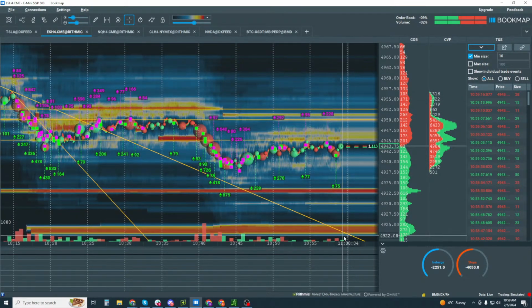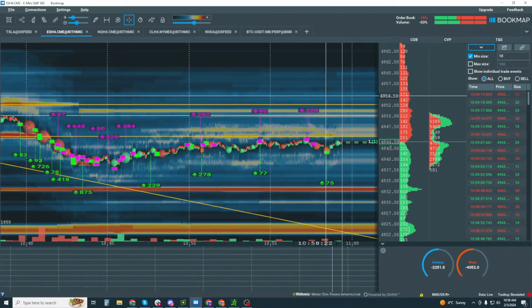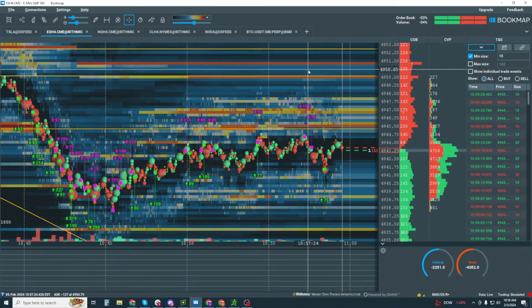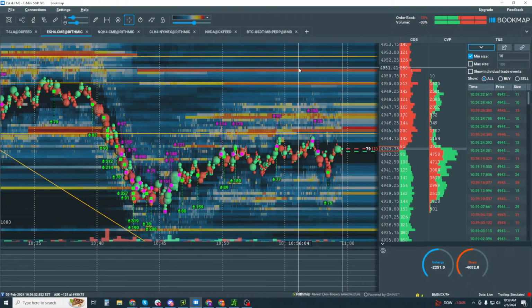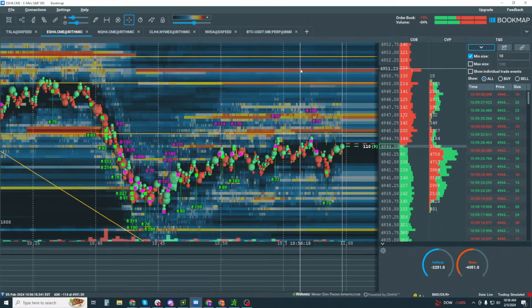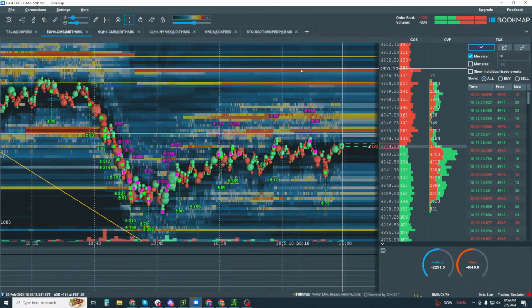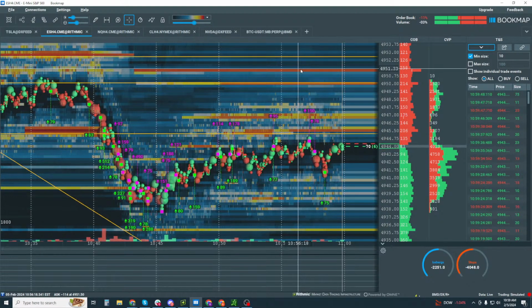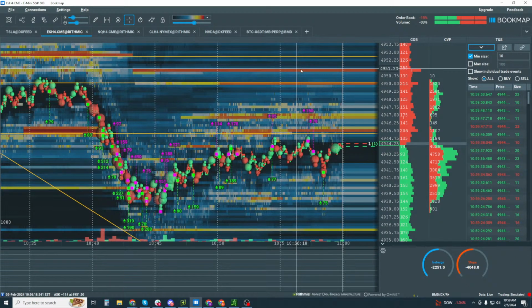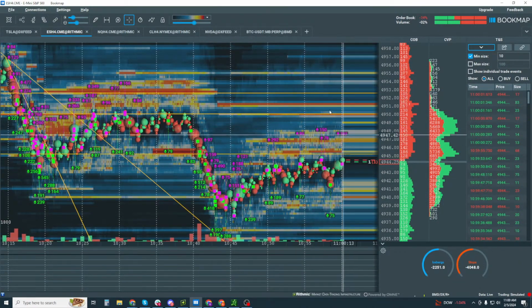We see two levels, 33 and down here around this 23 or 24 level. Yep, just stalling out at the moment, not really seeing a whole lot.